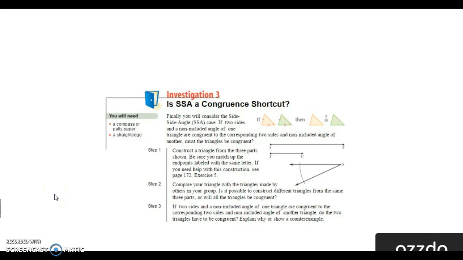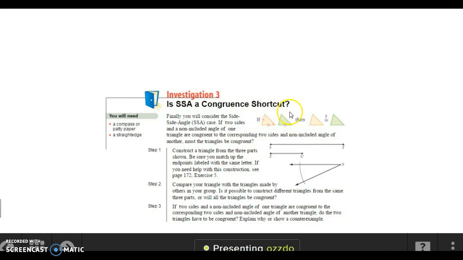Investigation number 3 is the side-side-angle congruence conjecture. Notice this time the angle is not in the middle of those 2 sides. This time it goes side, next to side, then angle. Okay, so they're all 3. Notice it goes in the order of which the letters are in the congruent shortcut. So side, side, angle.